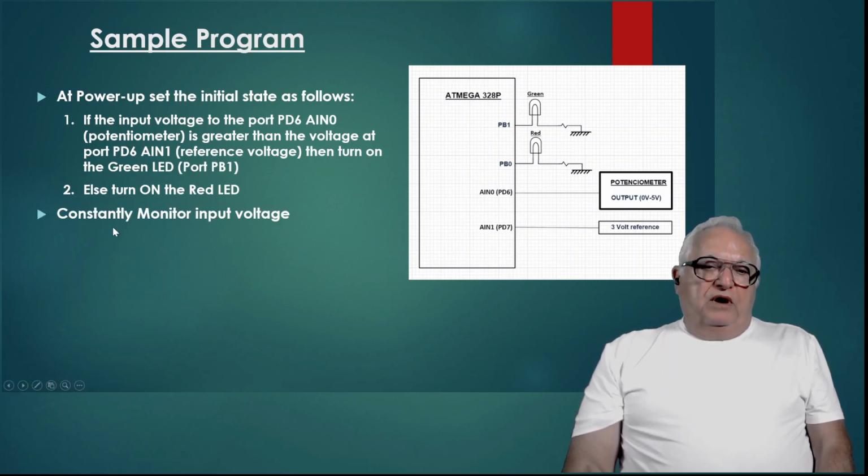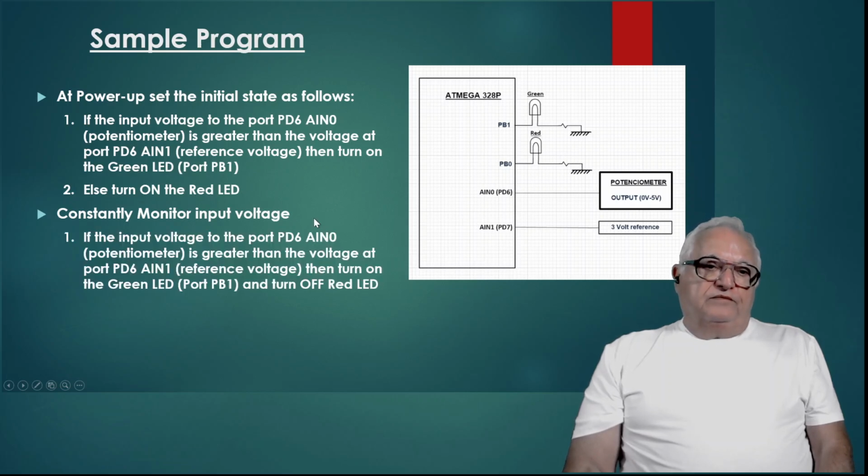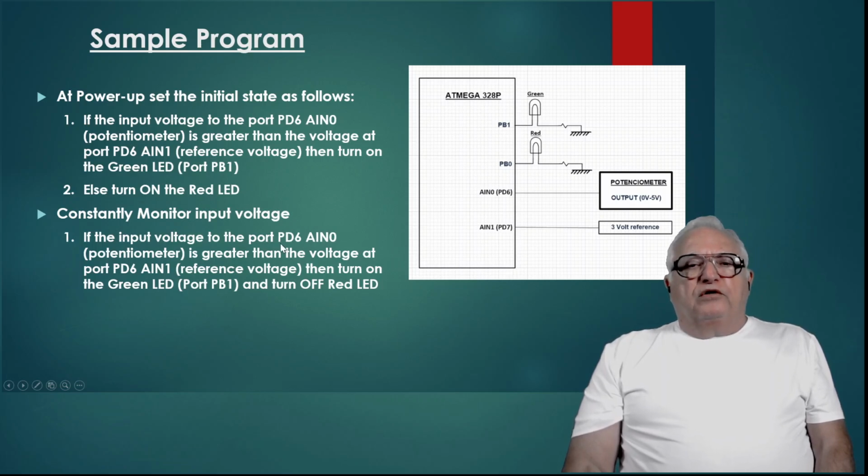Then after the power up, you're going to constantly monitor the input voltage. If the input voltage at port PD6, AIN0, which is where we have our potentiometer, is greater than the voltage at port PD7, AIN1, which is our reference voltage of 3 volts, then we turn on the green light.